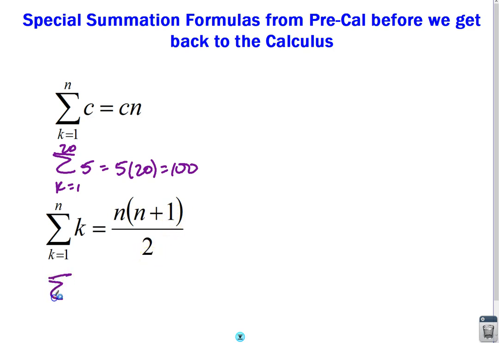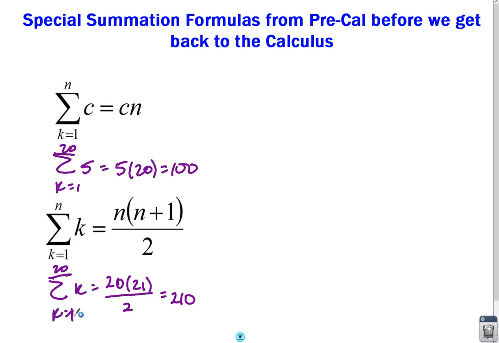So if I had k equals 1 to 20 of k, that's going to be 20 times 21 over 2, which works out to be 210. All right?